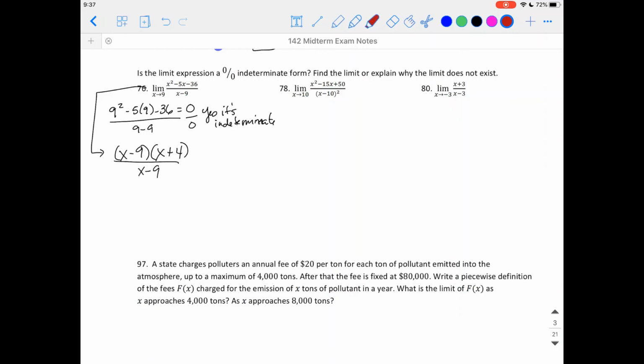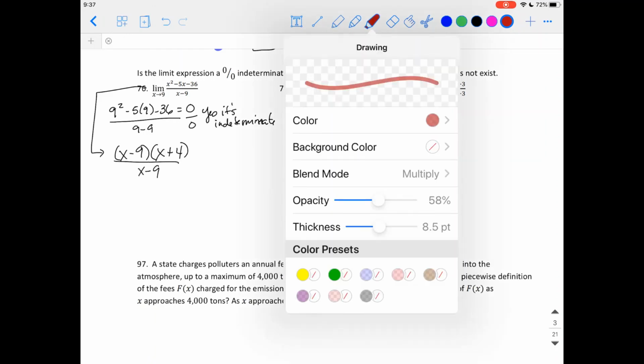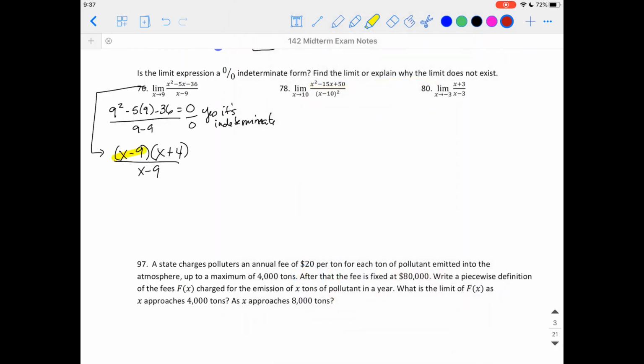And again, these two factors are the same in the numerator and the denominator. So I'm left with x plus 4. And so 9 plus 4 is equal to 13. And again, you can graph it, and hopefully coming from the left and coming from the right at x equal to 9, the y value of the graph is 13.